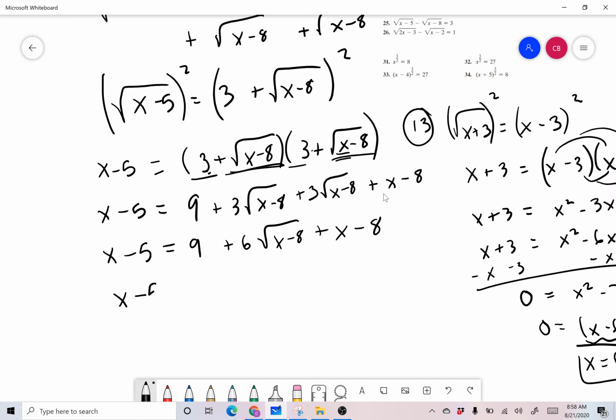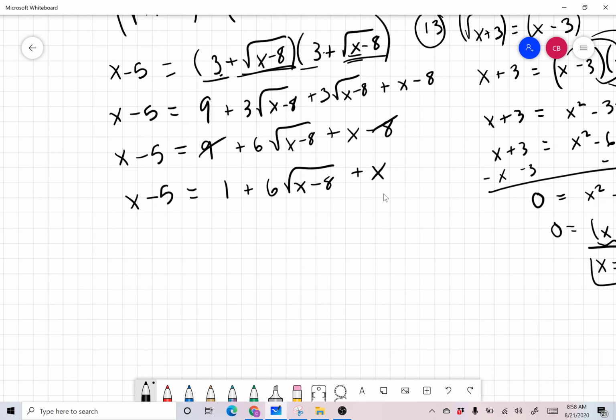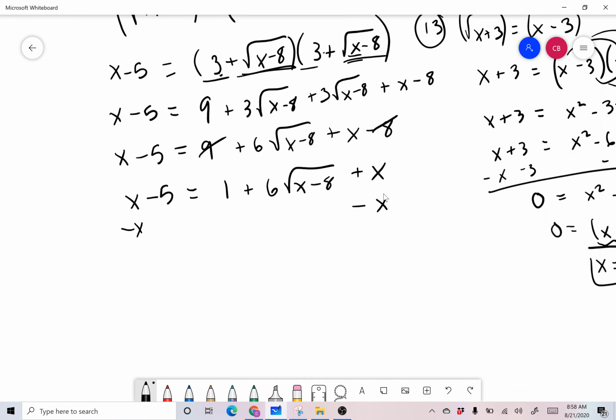This is x minus 5 is equal to 1. That cancels with that. Plus 6 square root x minus 8 plus x. Okay, we're going to subtract x. We're going to subtract 1. So this is negative 6 is equal to... Sorry, this is 0.